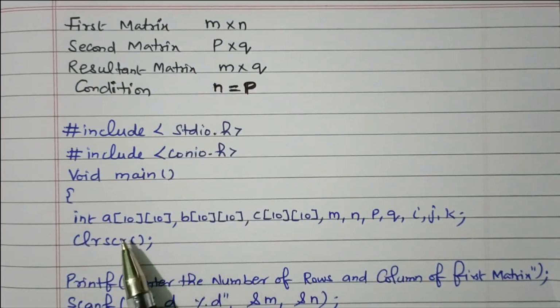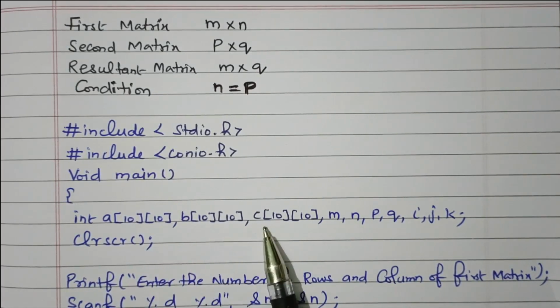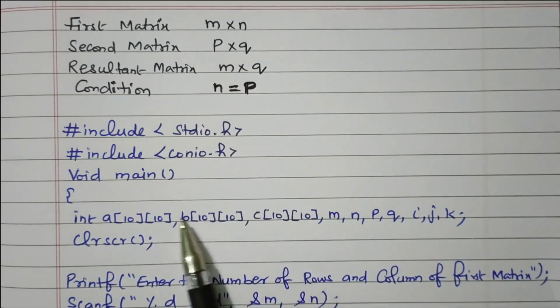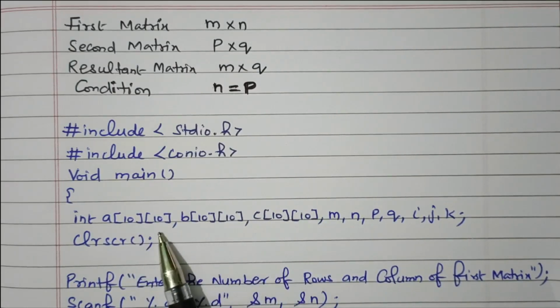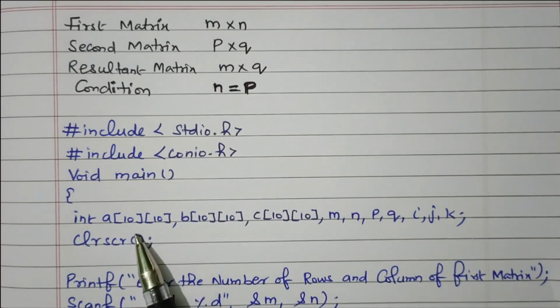What are the variables needed? A, the first matrix, which is a 2-dimensional array. B, the second matrix. C, the third matrix. These 2-dimensional arrays are declared as 10 into 10. Row size is 10, column size is 10. This is the maximum size, and we can use any size within 10. In this program we are going to use a 2 cross 3 matrix and a 3 cross 2 matrix.